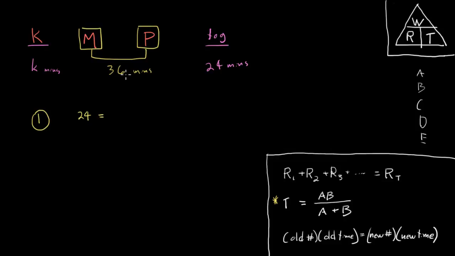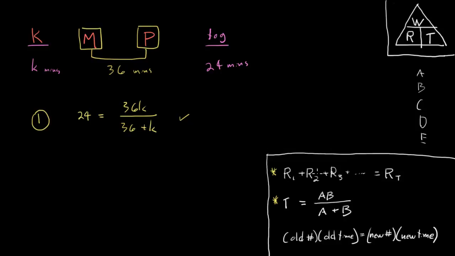And that'll come from the product over the sum of the individual times. 36K over 36 plus K. And now I've got one equation with one variable, and I would definitely stop here to say, well, we could certainly solve that for K and answer our question. So again, statement number one sufficient.